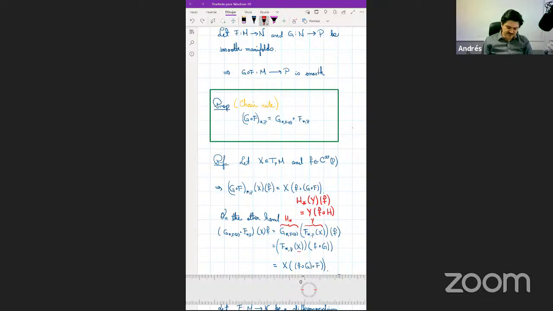Right, so this is Y, all of this is F, and this is H. If I apply just the definition of the push forward, I get this Y and that composition.